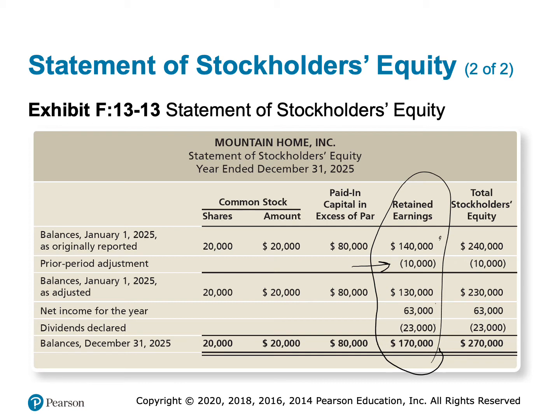There's going to be some sort of mass change when you switch from, let's say, FIFO to LIFO. That's just one example. There are a lot of things that may cause a prior period adjustment, but ultimately that adjustment is going to wind up in retained earnings. So let's say that switching from LIFO to FIFO caused us to have a $10,000 loss. That's going to be reflected here in retained earnings.